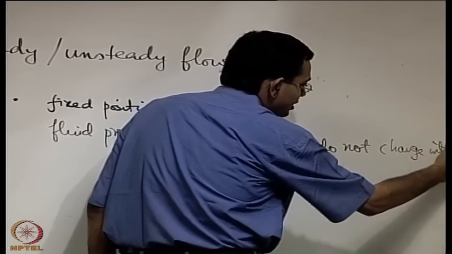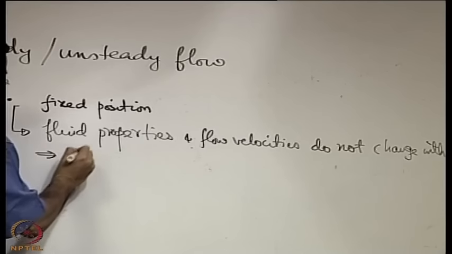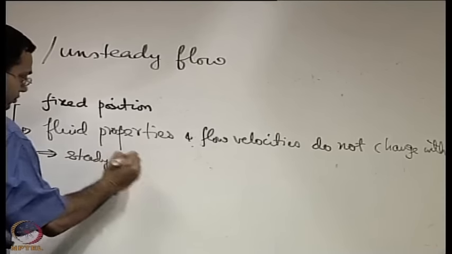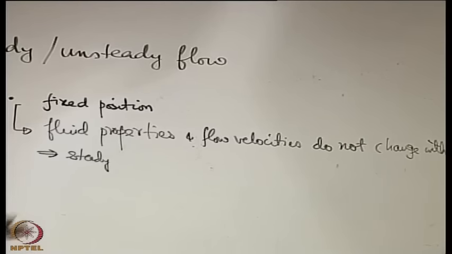If that is the case at a fixed position, then we say that it is a steady flow. If that is not satisfied, as obvious, that is an unsteady flow.